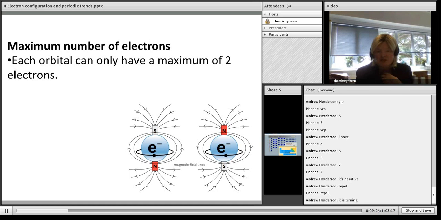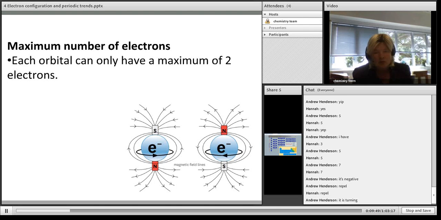So what I've tried to show in this diagram over here is one electron spinning in one direction and the other one spinning in the opposite direction. So can you see they're like 2 little bar magnets, with one where the south pole is on top because it's spinning in one direction, and the other, because it's spinning in the opposite direction, has a north pole on top.